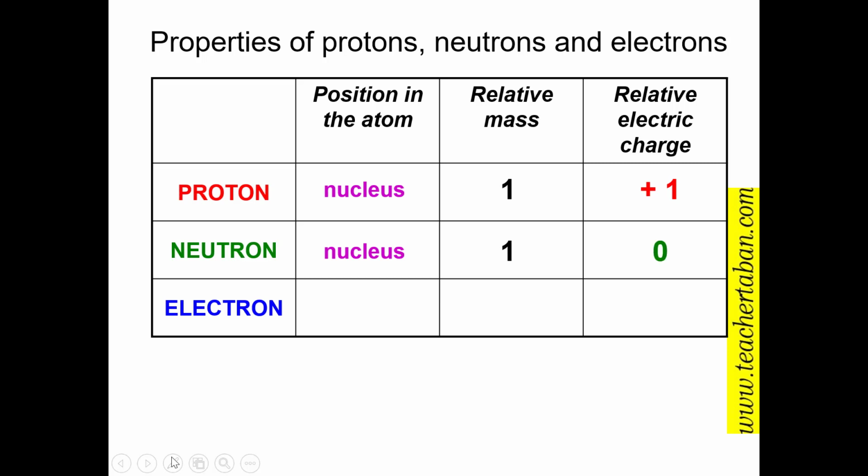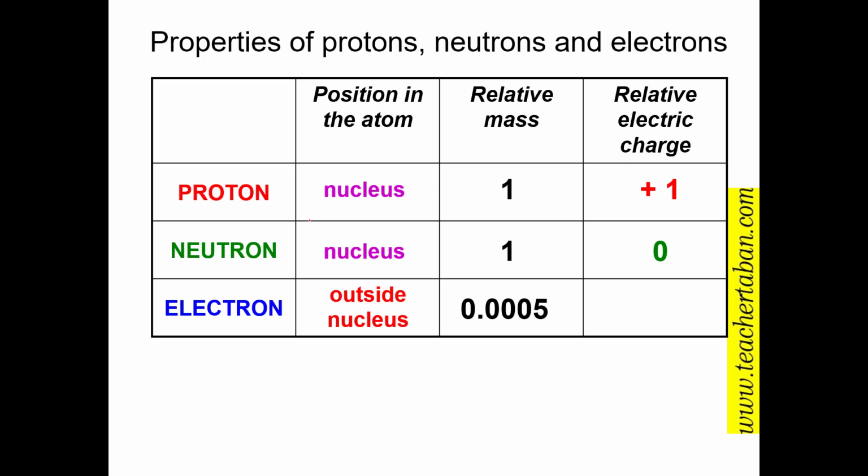Then finally we have the electron, which is found on the outside of the nucleus. In other words, it is found on the shells, or the orbits, of the atom. And this one, you may not get it, you may just take it at the moment that its mass is 0.005 units.